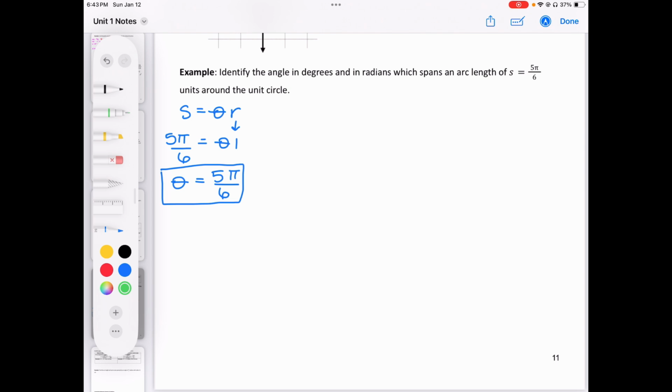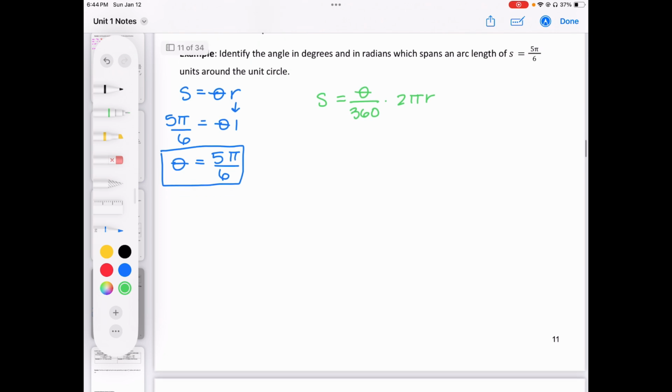Okay. If we want to do this in degrees, we have S equals theta over 360 times the circumference of 2 pi r. Okay. We can go ahead and replace r with a 1, and then we have 5 pi over 6 equals 2 pi theta over 360.